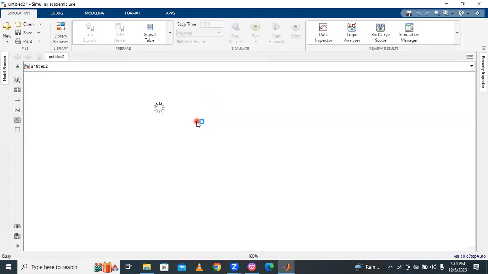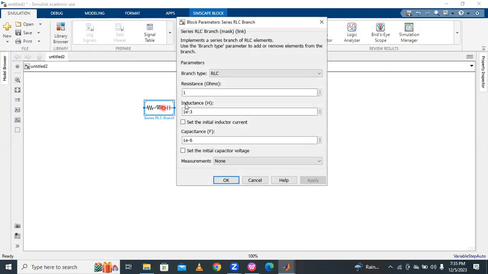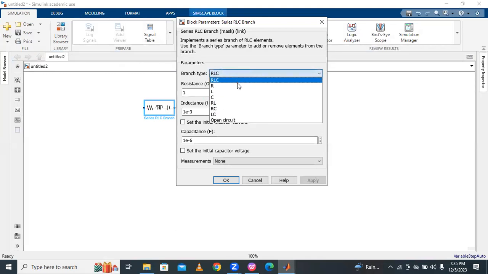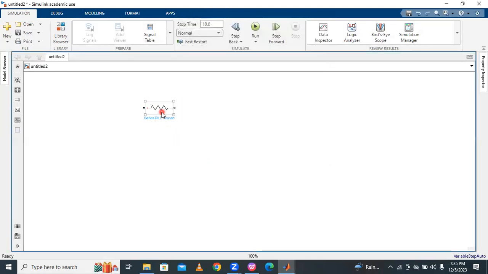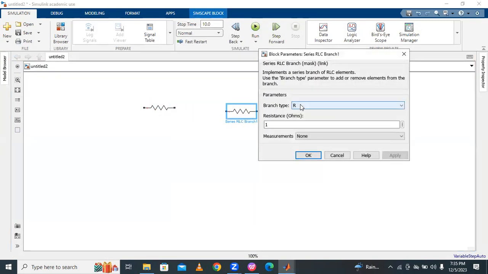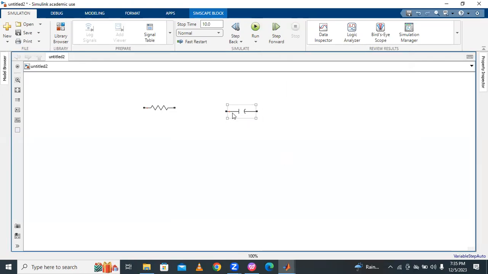The series RLC branch can easily be converted into a resistor and capacitor like this. Resistor series RC, so change this also to capacitance. Apply. This is called series RC. Control R and rotate.